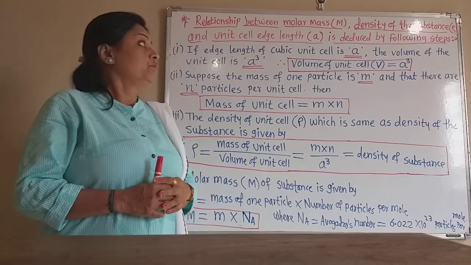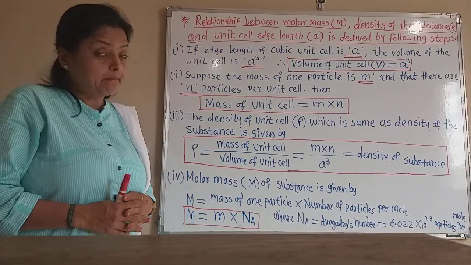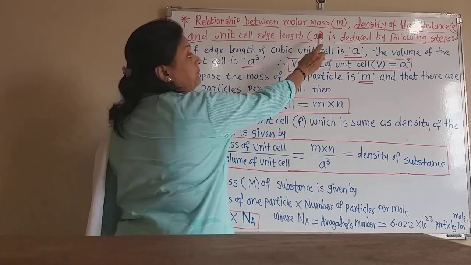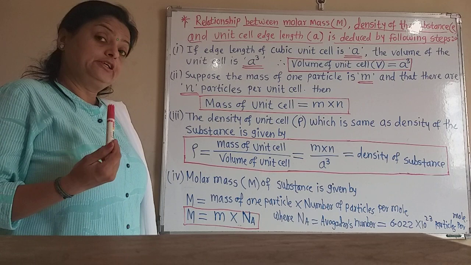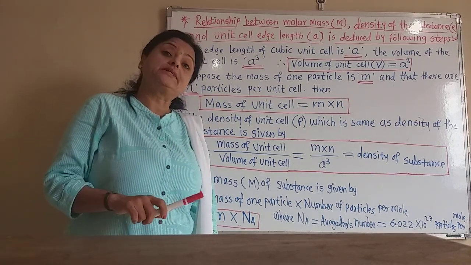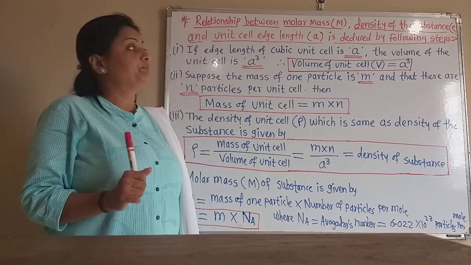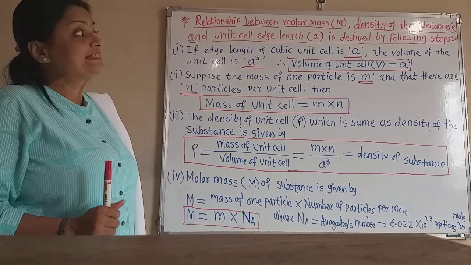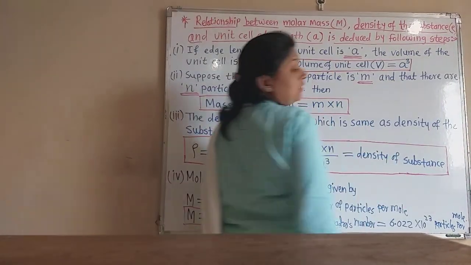Now today we have to learn the relationship between the molar mass, that is capital M, and the density of the substance. Density of the substance means density of the unit cell. The density of the substance and the density of the unit cell of that substance are the same, and the density is denoted by the sign rho.